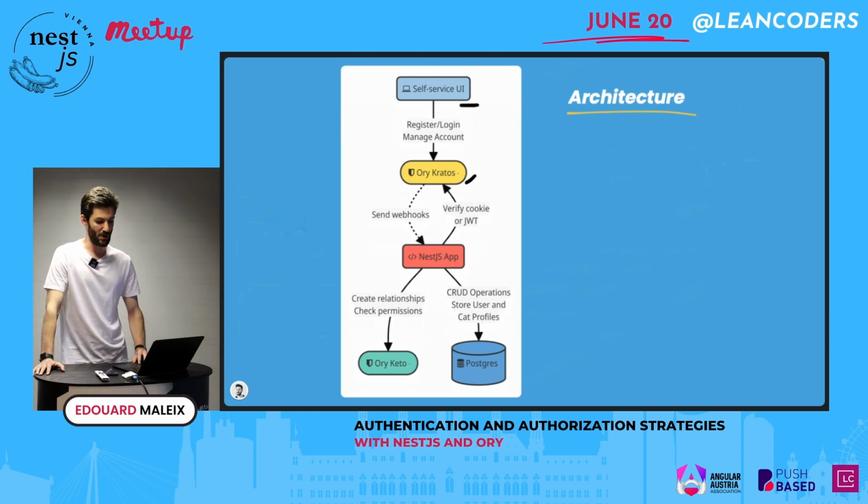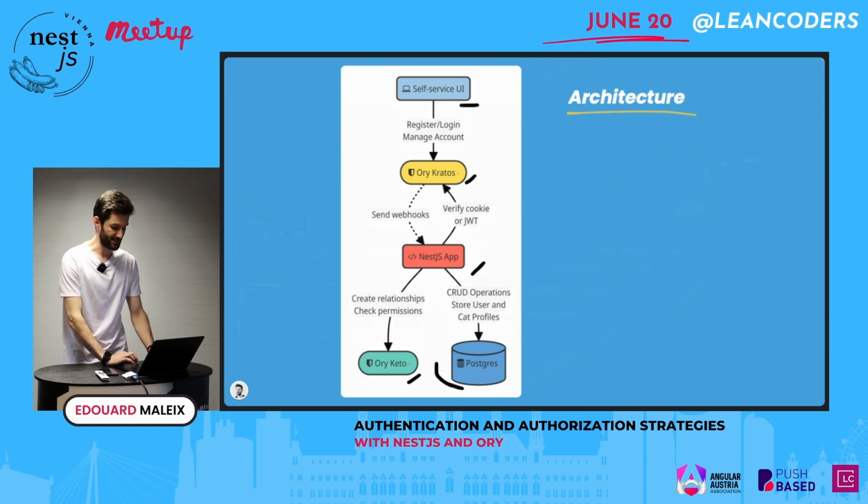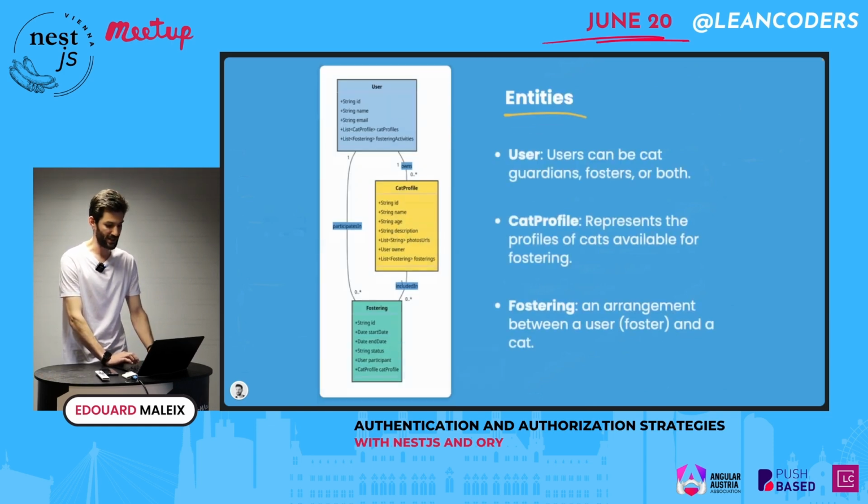It will send webhooks to our NestJS application, which in turn will also send requests to ORY Kratos for the user verification. And the NestJS app will send requests to Keto to create relationships and check permissions. And here, we will have a Postgres database to store our entities. So our entities will be users, cat profiles, and fostering requests. Pretty simple.